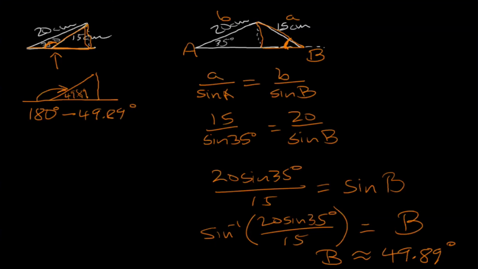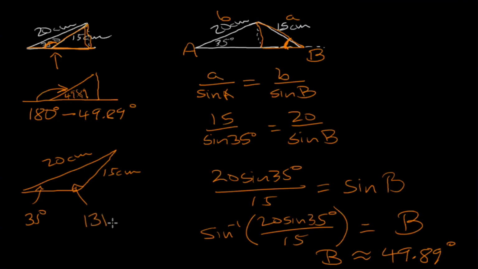And so this angle inside this really weird looking triangle, I know that this is 35 degrees because that was originally given. Now I can calculate this angle, which is, let's see, 131.11.